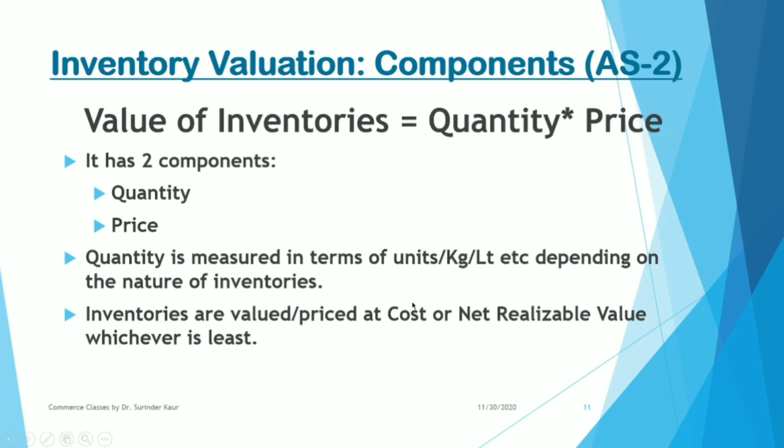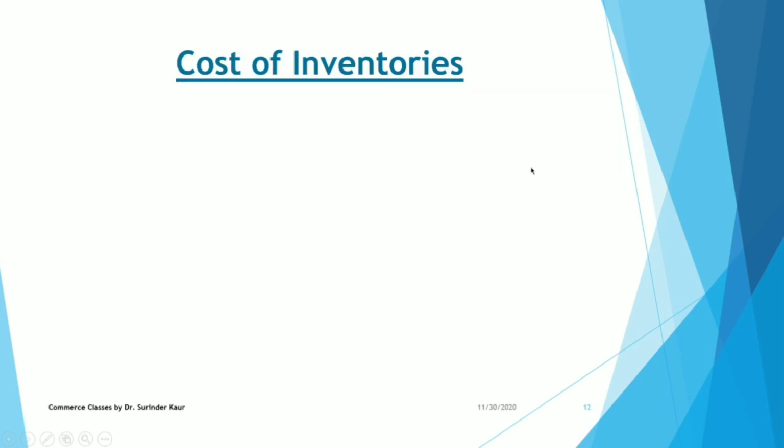Like initially, the price may be, say, 10 rupees per unit. Then after some time, there is a change in the price. And during the year, the price might be increasing or decreasing many a time. So when we talk about the price, again, we have different methods of pricing the inventories. So we'll be studying these two, that is inventory record system and inventory valuation methods, in the coming classes.